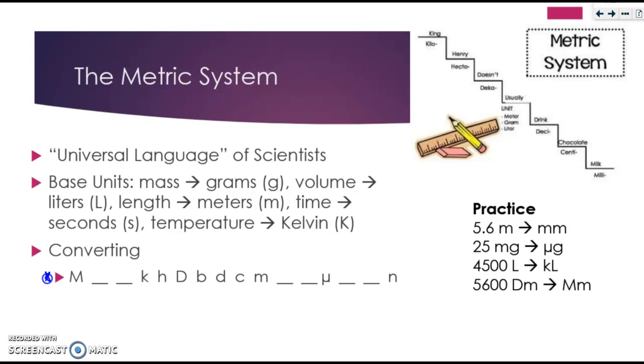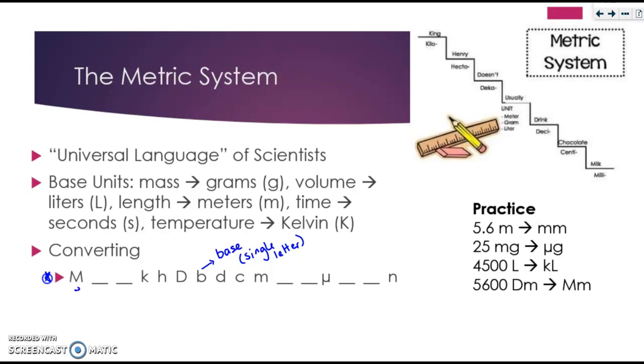Okay. The placeholders are there because you need to take them into account as you're moving your decimal. The B stands for the base, and this will be if it is a single letter. So just grams, or just liters, or just meters, or just seconds.